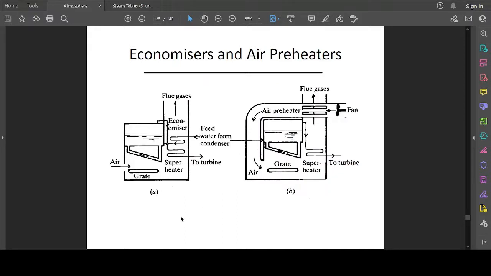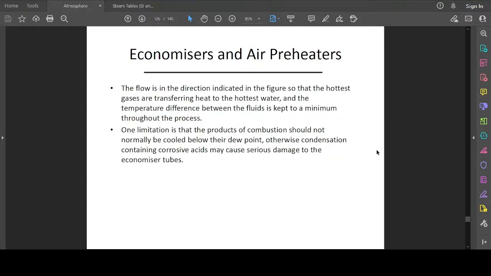These are given in these two diagrams, and these are the banks of tubes here, and the flue gas for the economizer passing through this. The flow is in the direction indicated in the figure so that the hottest gases are transferring heat to the hottest water, and the temperature difference between the fluids is kept to a minimum throughout the process.